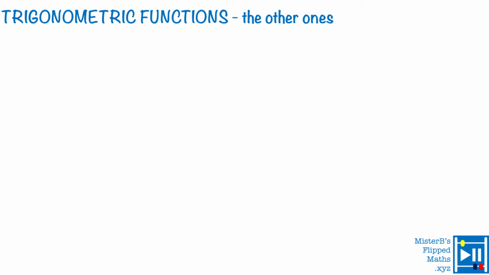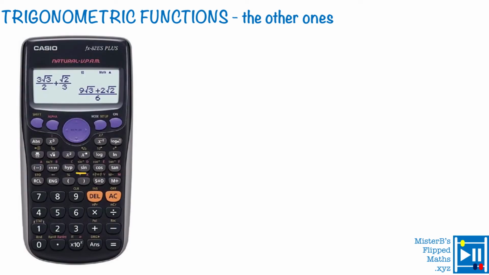Now, when it comes to using these functions in calculations, unfortunately, we don't have any designated button for these functions. We only have sine, cosine, and tangent, and together with shift, we have the inverse trigonometric functions, but no designated button for the reciprocal trigonometric functions.